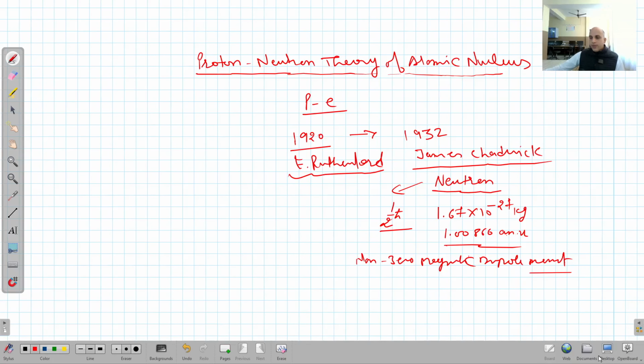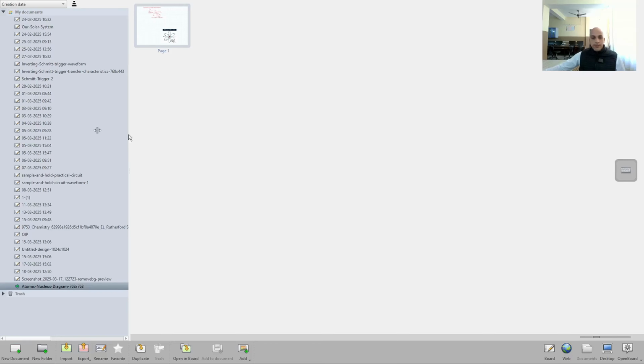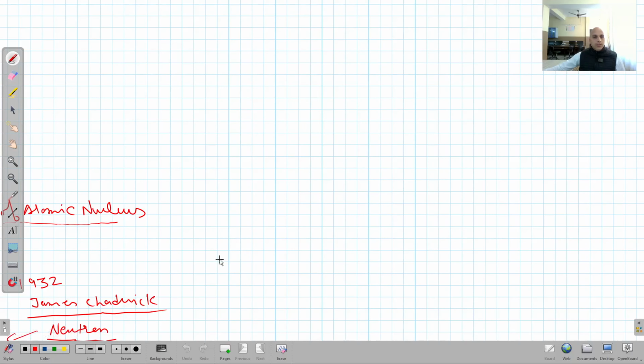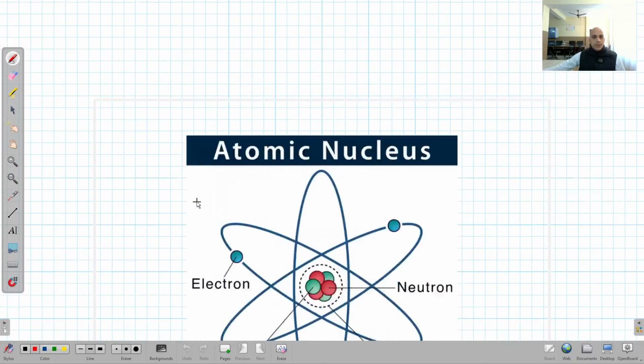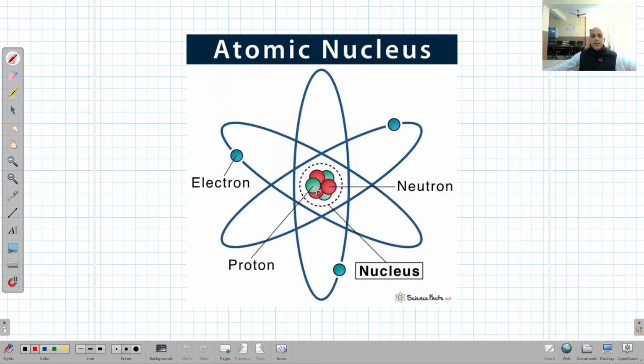So I'm showing you an image of the atomic nucleus. You can see it here. Rather, this is the image of the whole atom, and here it is the atomic nucleus. The green spheres are protons, whereas the red ones are neutrons.